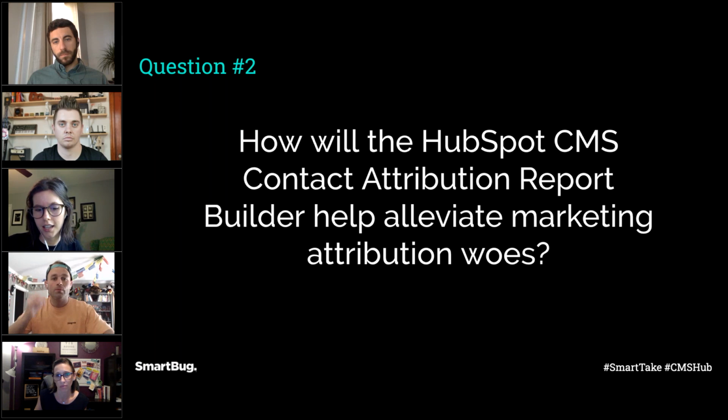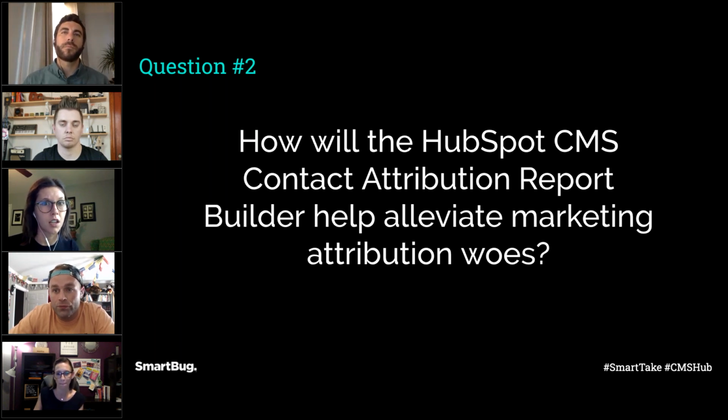Honestly, what's weighing on me today as we're starting a new quarter is that every quarter marketers are asked to justify themselves. What is your ROI? Why should we keep investing in these tools?